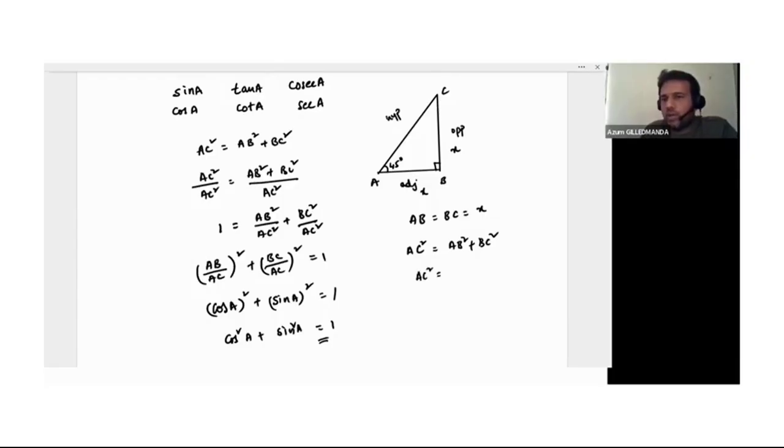So AC square equal to X square plus X square. So AC square equal to 2X square. Then AC equal to square root of 2X square. Then AC becomes root 2 into X, right? So we found root 2X is what hypotenuse is.